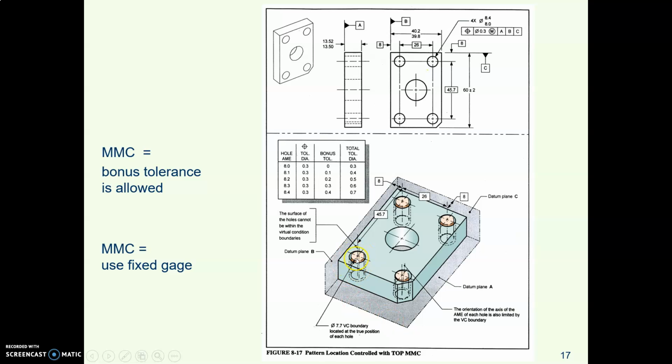These brown things are gauge pins. Your inspector makes those gauge pins a fixed size, knowing that if the hole is bigger, they get a bonus tolerance and it can slop around more. If the actual hole is smaller, they get less tolerance and it has to fit more tightly.